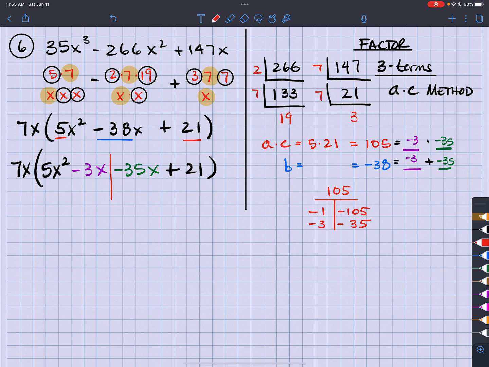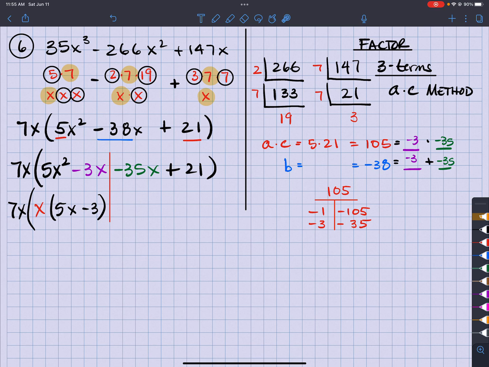So that's where I do the factor by grouping. So 7x is still here. I need to know what my GCF of my first group is. What's the GCF here? It's going to be an x, leaving me with a 5x minus 3.